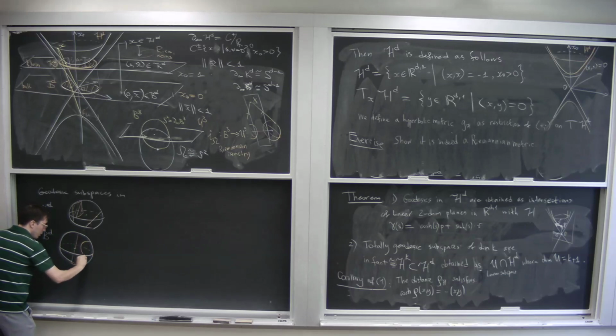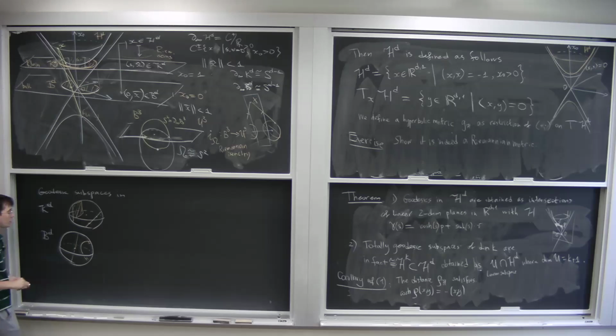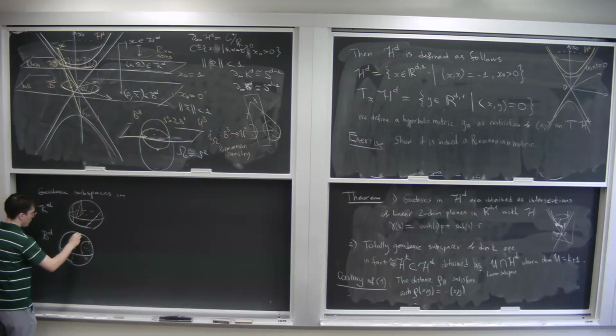Also, the circle orthogonal to the boundary is a geodesic, and a hyperplane, or say any plane in B^d, is basically a sphere of some dimension orthogonal to the boundary sphere, or it can also be a Euclidean plane passing through the origin.